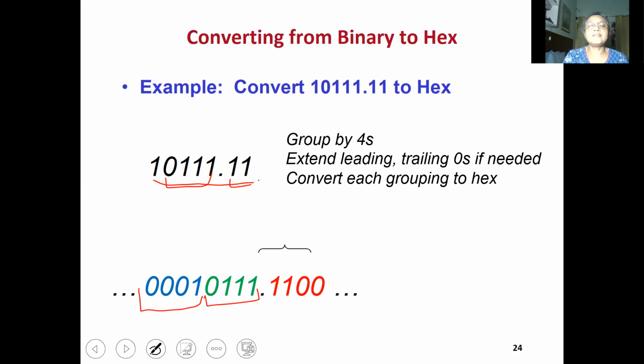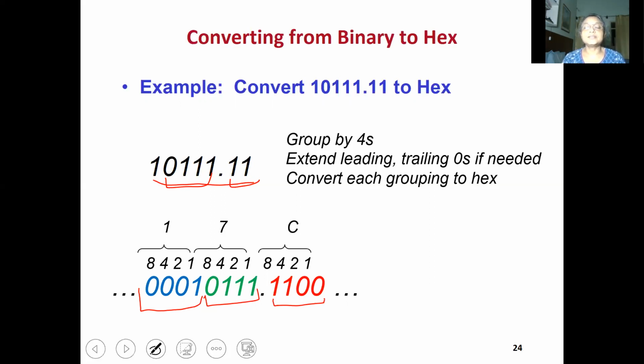Similarly, to the right of the decimal point, we add 2 trailing zeros to get 1100. Then for each of them, we find the hex code based on their place values. So 0001 is 1, 0111 is 7, and 1100 is 12, that is C. So this number is 17.C.